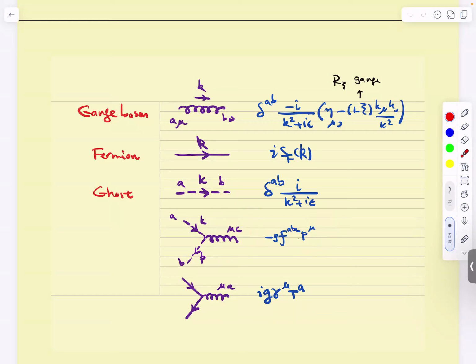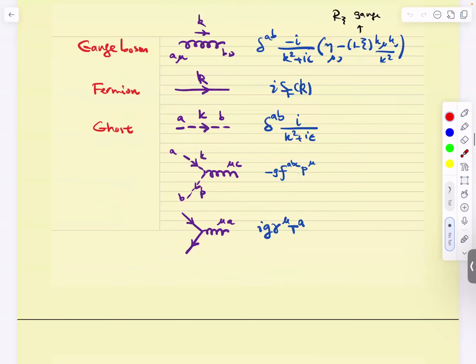Why is that proportional to p mu? There's a derivative term. And here's the vertex between the fermion and the gauge boson, which has a T^A, right? Because this field is labeled that.